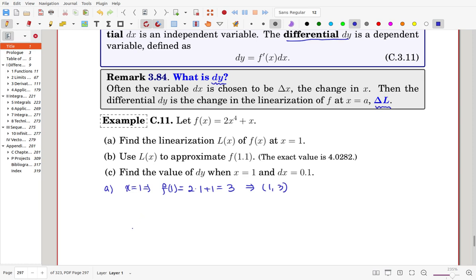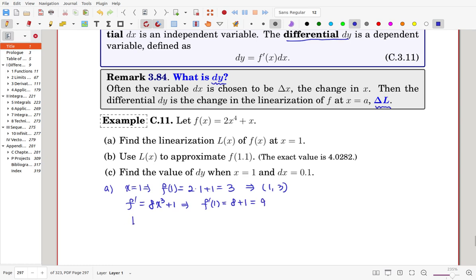Now we have to find the slope. So f prime at 1: in fact, f prime is 8x to the 3 plus 1. So here f prime at 1 is the same as 8 plus 1, which is 9.